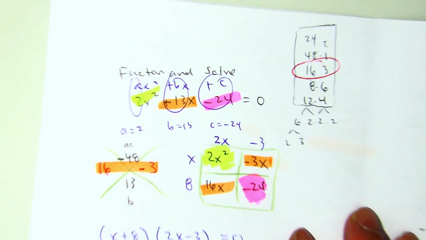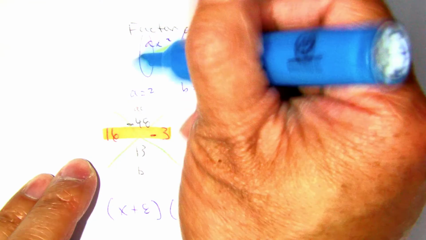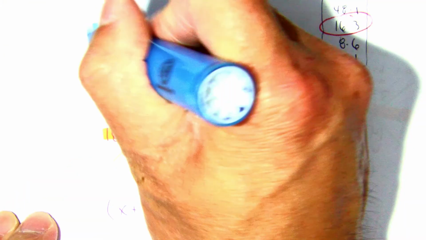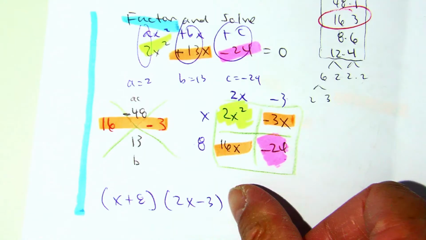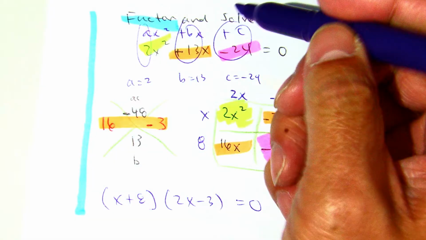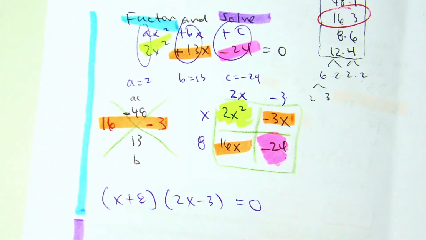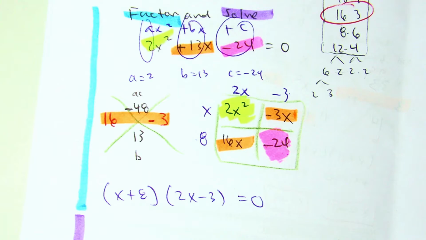I want to clarify a big idea of what we have right now. Basically what we've done, all over here in blue, is so far we've factored. If I ask you to factor, that's your answer, that's it. Now I'm going to do the solving part. Partner A, tell partner B, what do you do after you have your binomials, after we've done both the x and the box? Brian C?